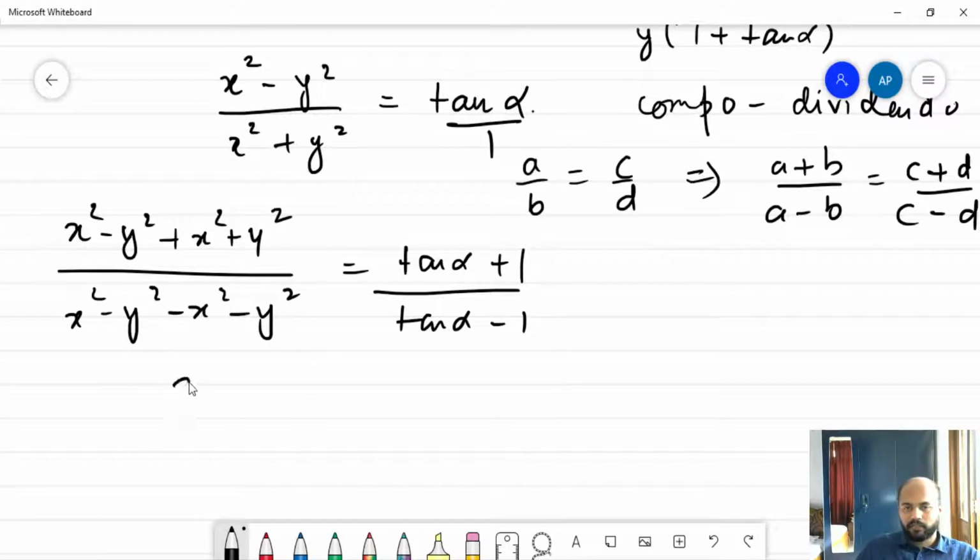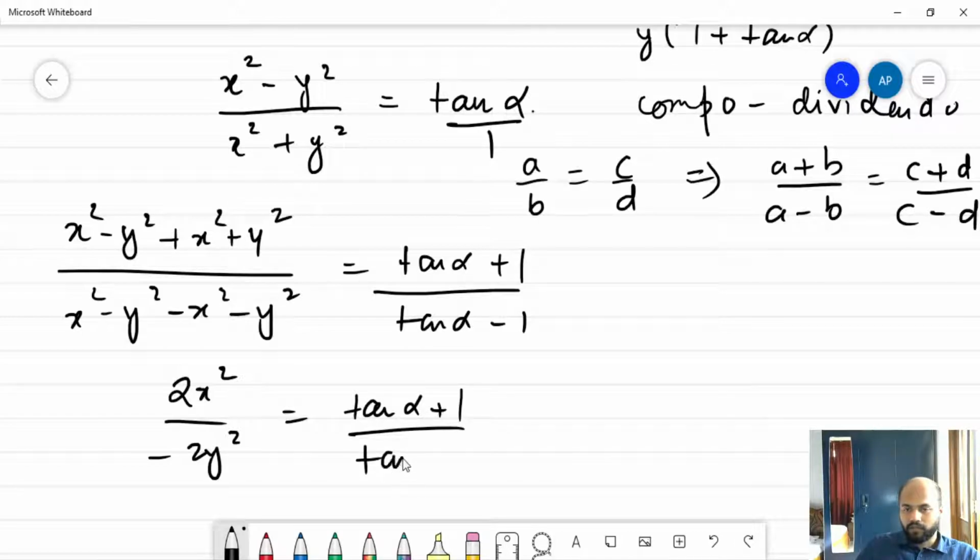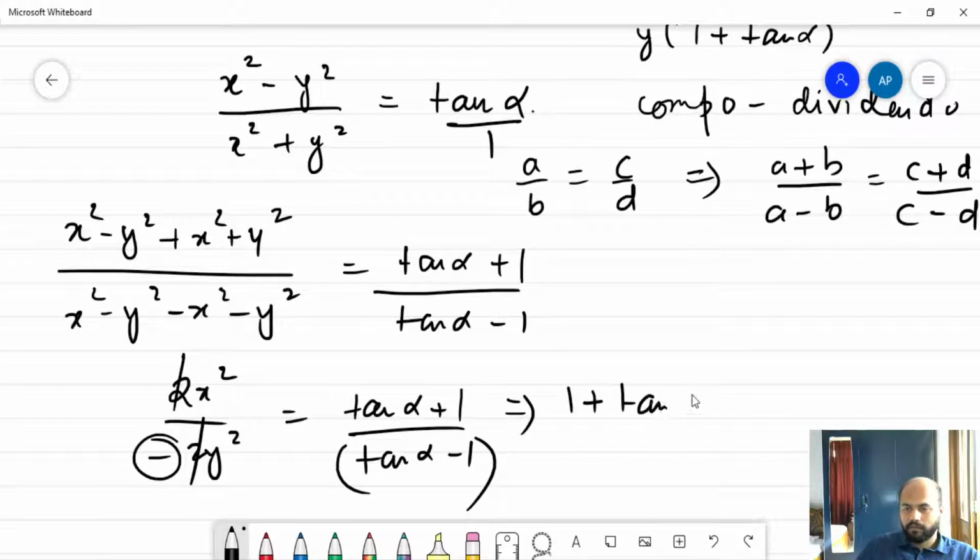Now on top you will get 2x square, at the bottom you will get minus 2y square. And this will be tan alpha plus 1 by tan alpha minus 1. Now this minus sign, to compensate this, I'm going to write this the other way around. And we will write it as 1 plus tan alpha by 1 minus tan alpha. This is equal to x square by y square.